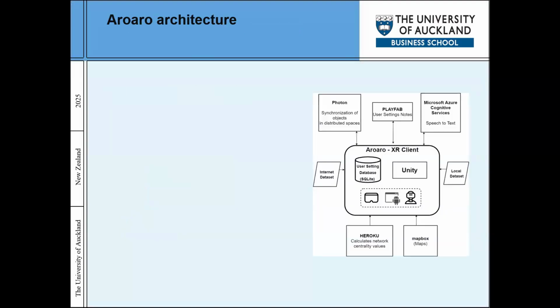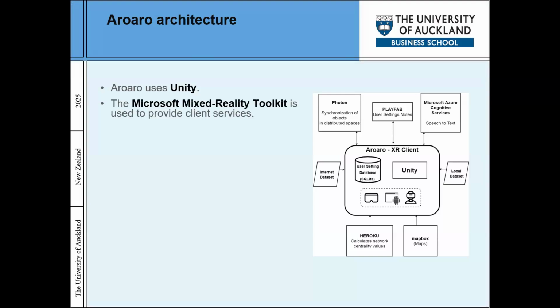We built the Arrow software, and this is as far as I'm going to go in terms of the technology. It's an integration of different things. We use software that gamers and game developers use, such as Unity. It's very popular.